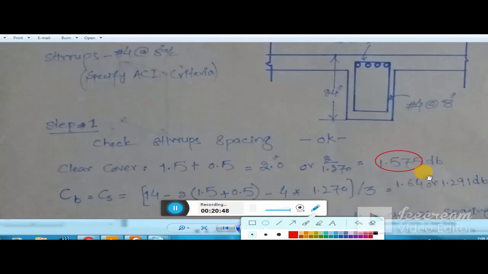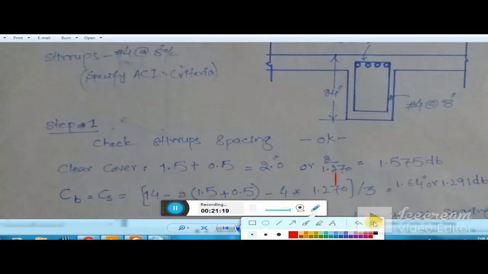So you see the clear cover is 1.57 times the bar diameter, and we did the same calculation again. You see here we got 1.64, which comes from this figure, and we divide the same thing by 1.27, we got 1.291 dB. Clear?